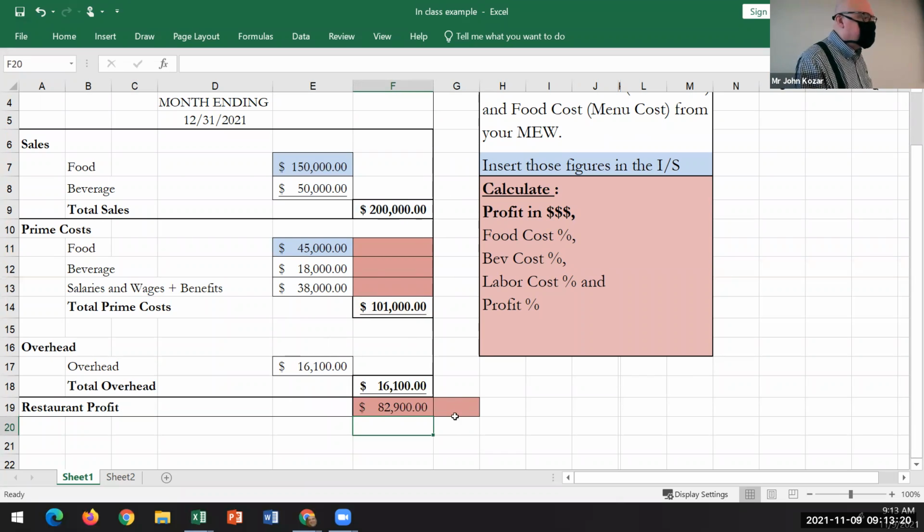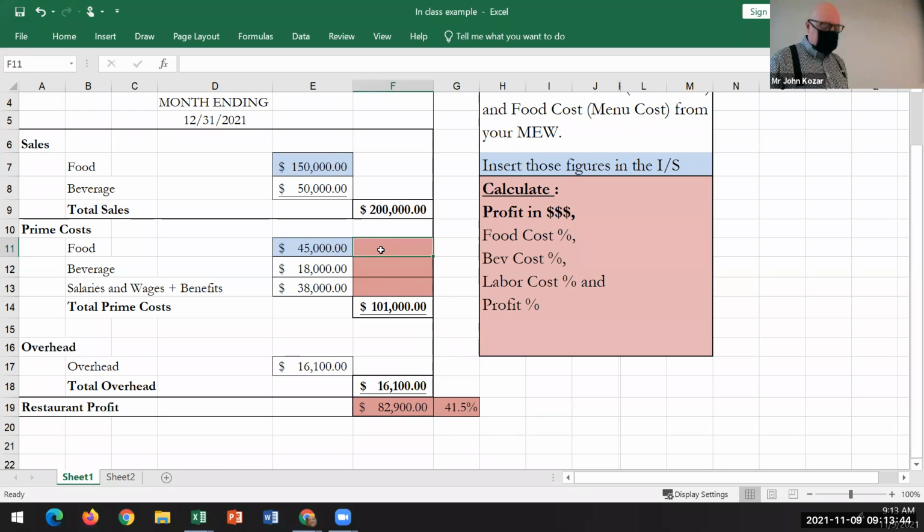Okay, so this shows a profit of $82,000, which is pretty high. And to calculate the percent, you're just going to take the profit and divide it by total sales. And our answer is 41.5%.